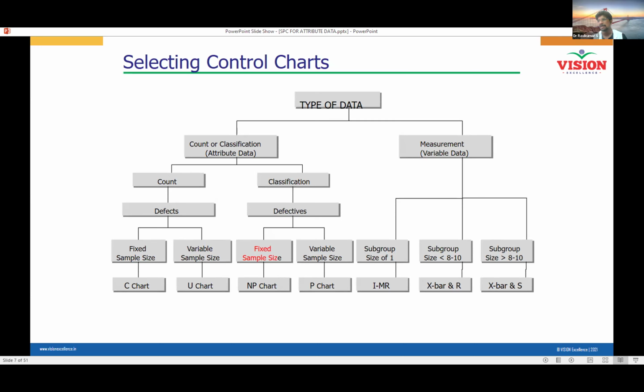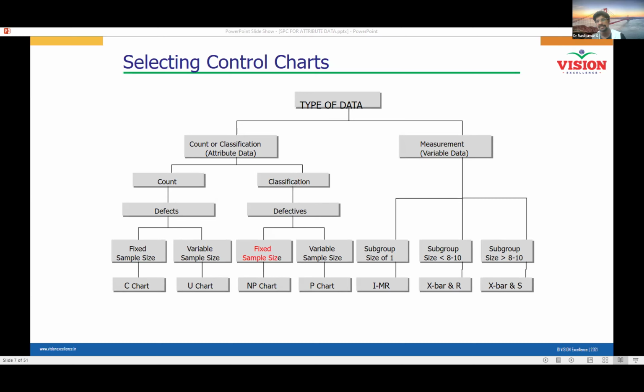For example, let us say you are going to audit a particular diagnostic laboratory. If you are going to collect samples, let us take a diagnostic lab. Let us say a doctor is going to audit the diagnostic lab every week.